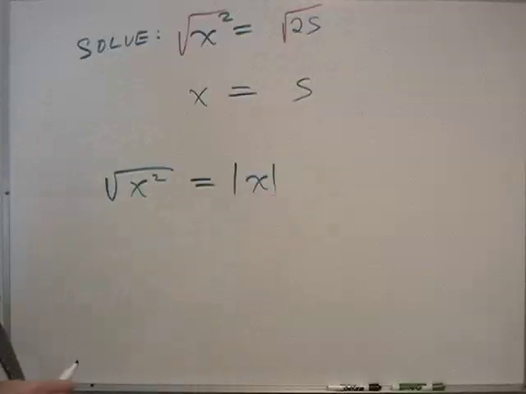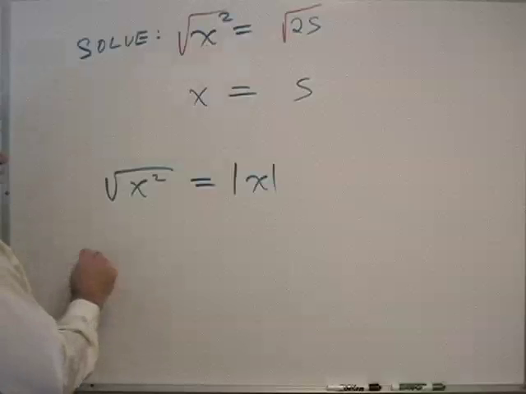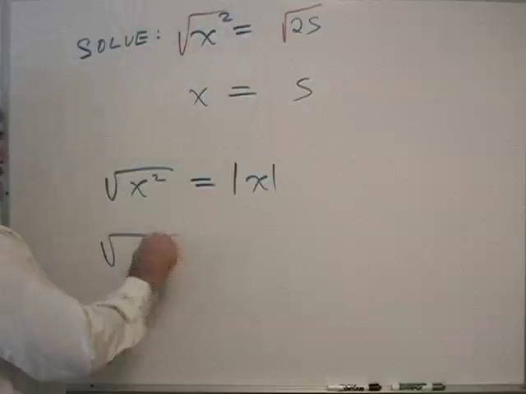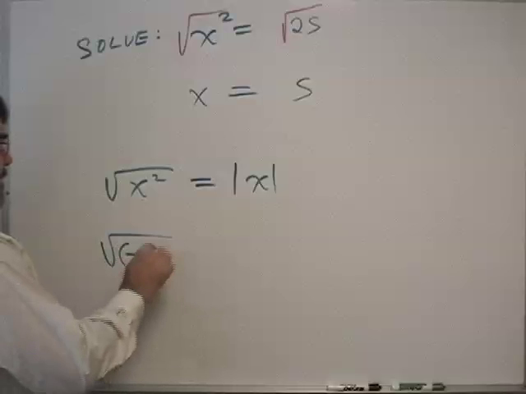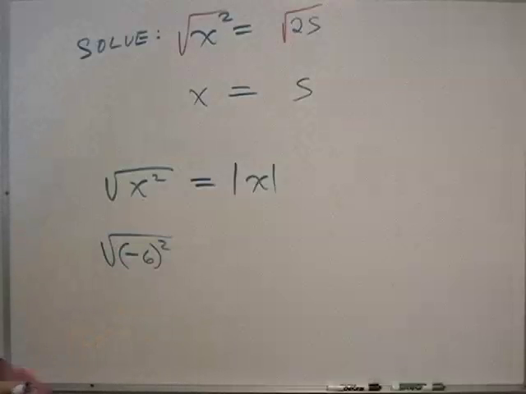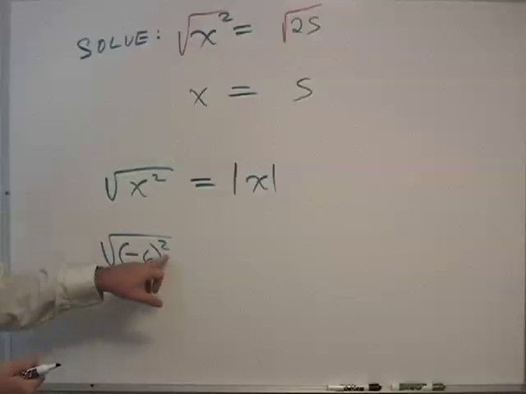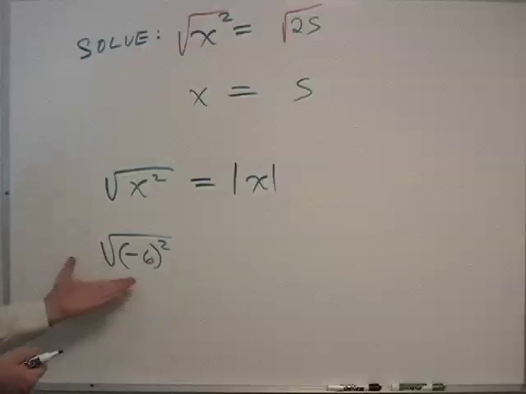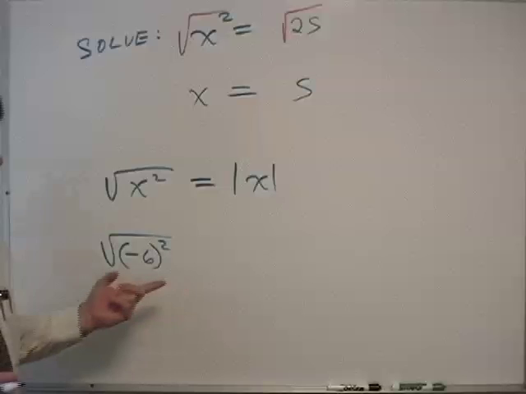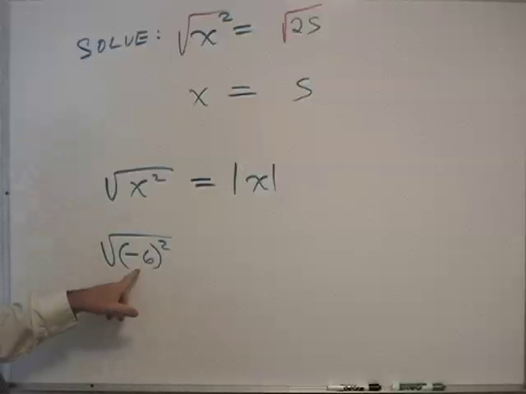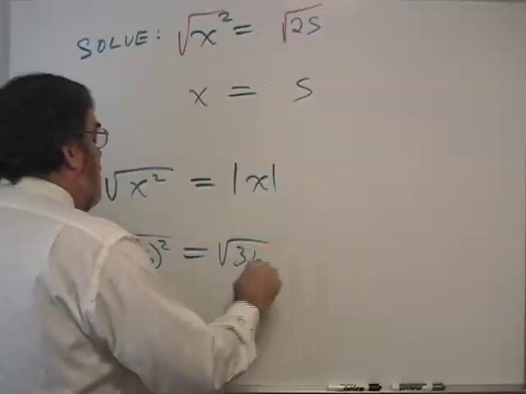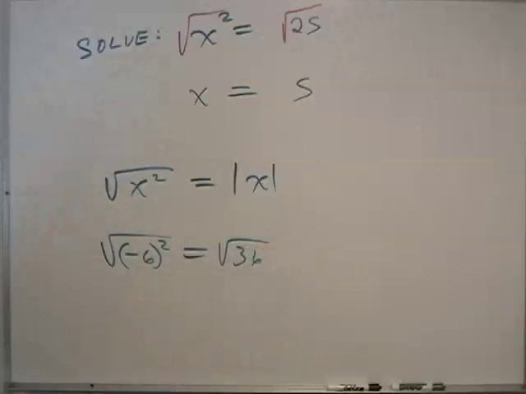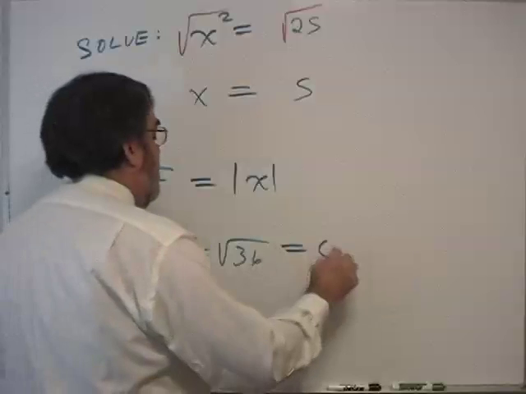I'll give you an example. If you took the square root of negative 6 in parentheses, squared. Alright, so negative 6 in parentheses is squared under the square root. Do I get negative 6? No, because negative 6 squared is positive 36, and then the square root of 36 is 6.